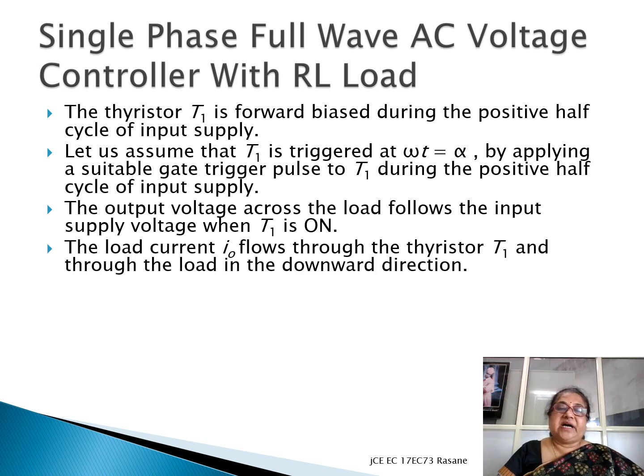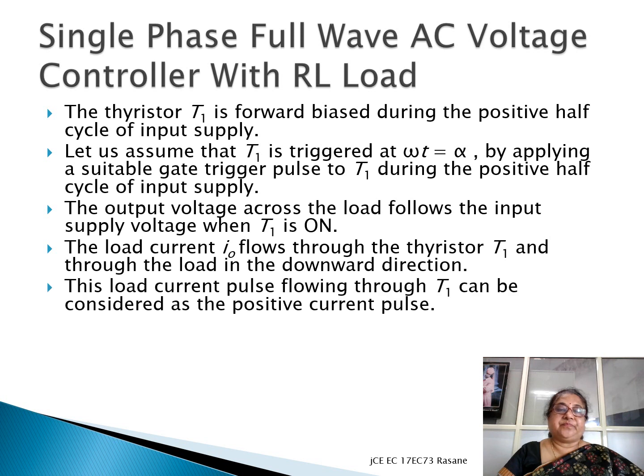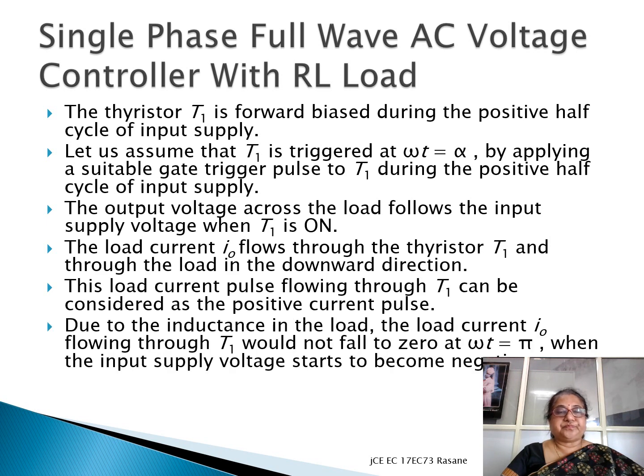The load current I0 flows through the thyristor T1 and through the load in the downward direction, from top to bottom, and the load current pulse flowing through T1 can be considered as the positive current pulse. So when T1 conducts, it will conduct with the positive current, that is, the current flowing through the load will be from top to bottom.